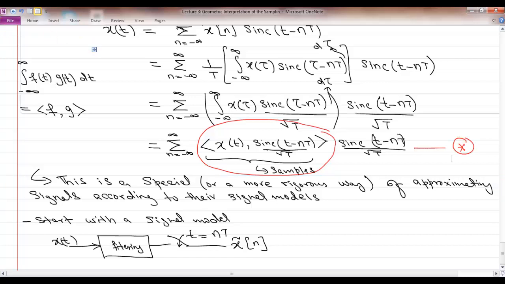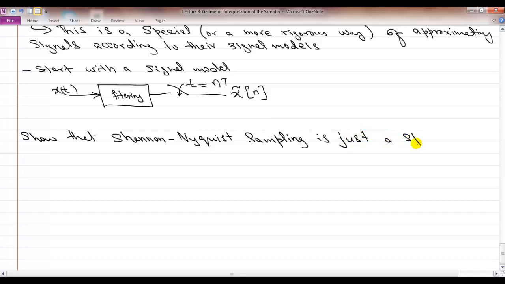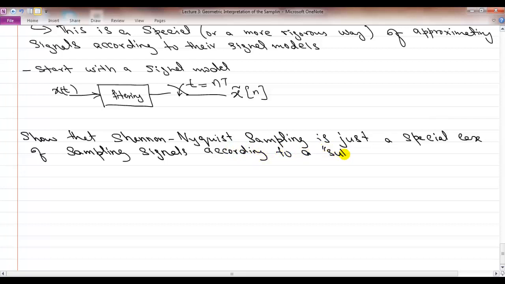So our goal is going to be that we are going to show that the Shannon-Nyquist sampling theorem is just a special case of sampling signals according to a "subspace" model.